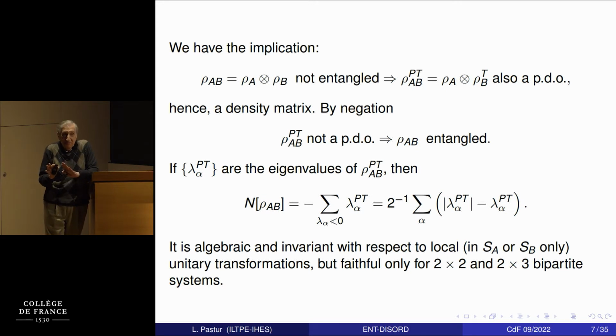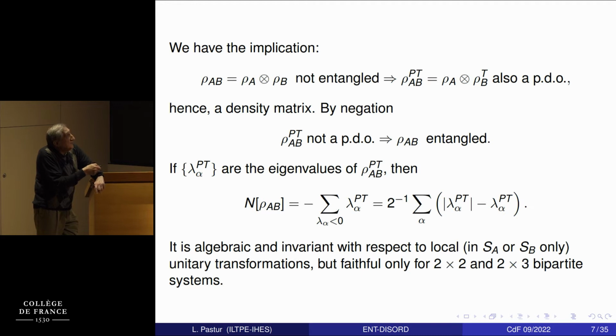Therefore, by negation, we can derive immediately, as mathematicians used to say, a sufficient condition for your density matrix to be entangled: if this matrix is not positive definite, then rho is entangled.